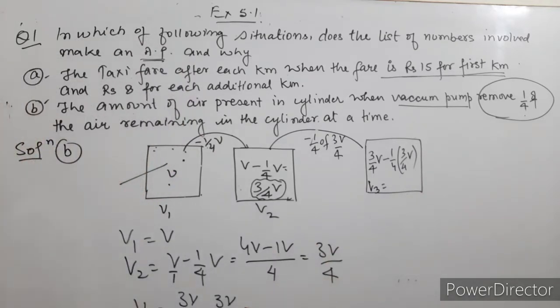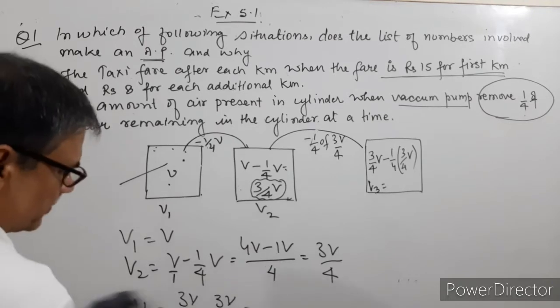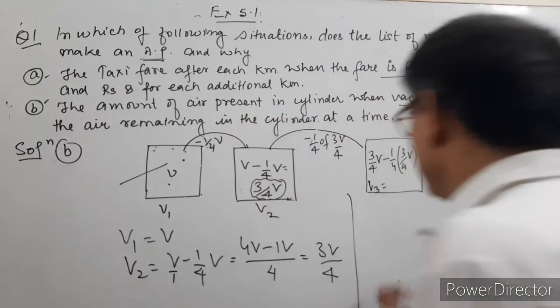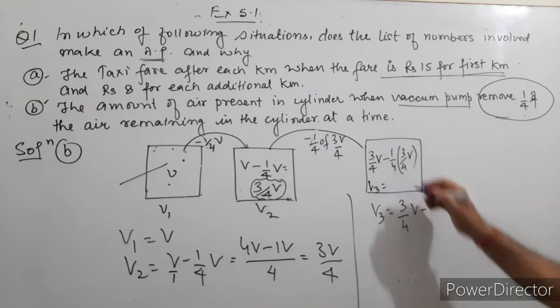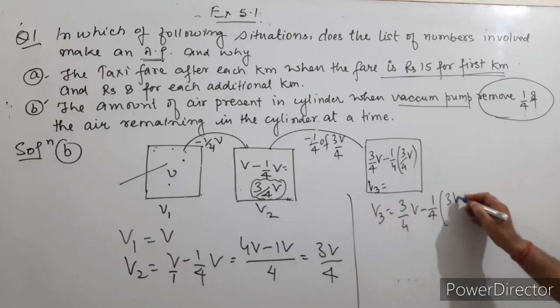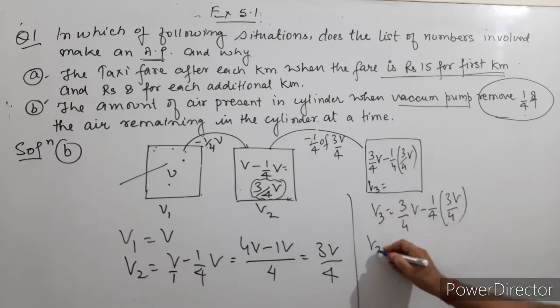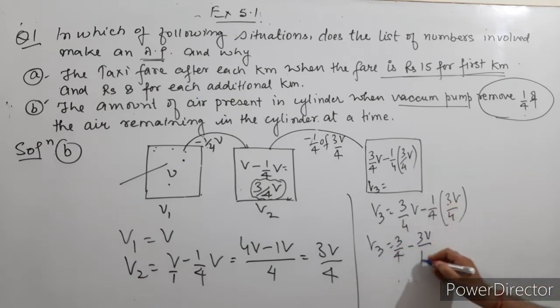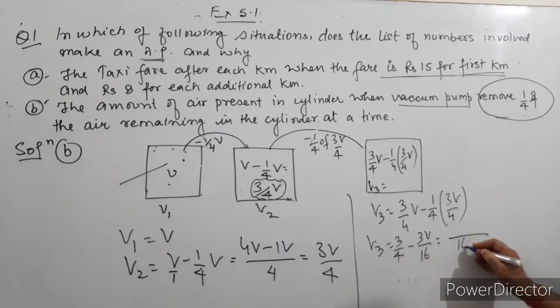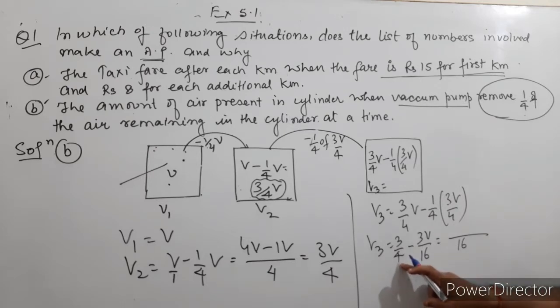And now we have to solve it by taking LCM. Try to find out. And I am solving it here. V3 is equal to 3 by 4 V minus 1 by 4 of 3V upon 4, which is 3 by 4 V minus 3V upon 16. And now what is the LCM?